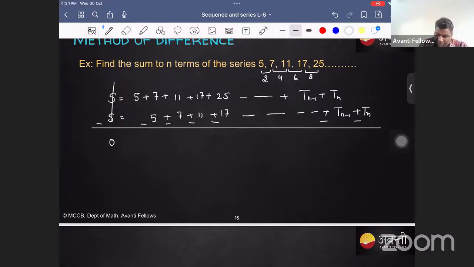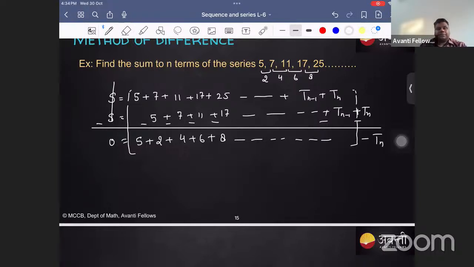This is cancelled. So 0 equals 5 plus, now 7 minus 5, 2; 11 minus 7, 4; 17 minus 11, 6; 25 minus 17, 8. And this difference will keep on going up to this point, and now there will be a minus Tn.